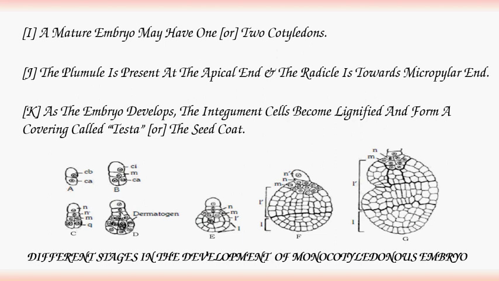The early embryonic divisions are similar in monocots and dicots, and later they change into different forms.